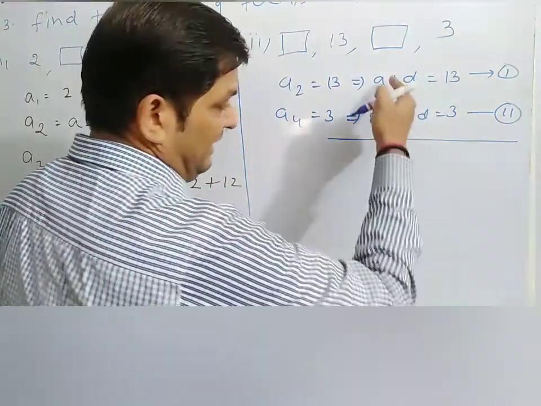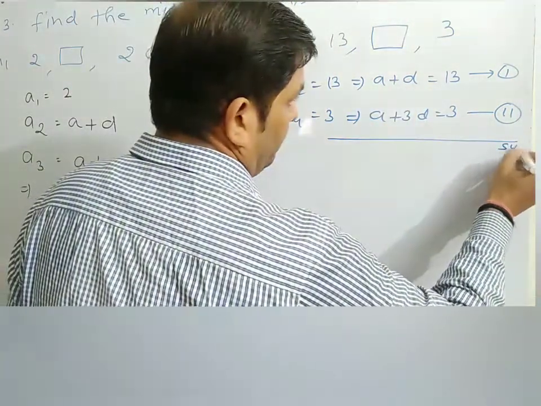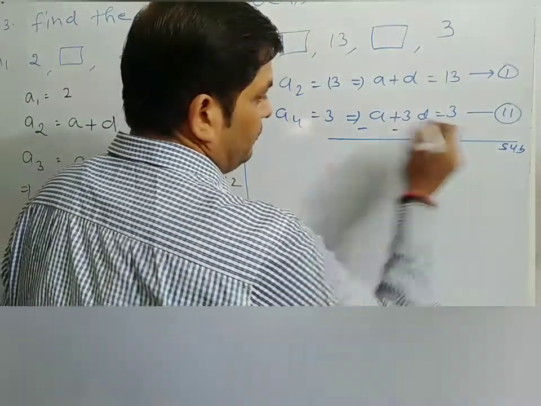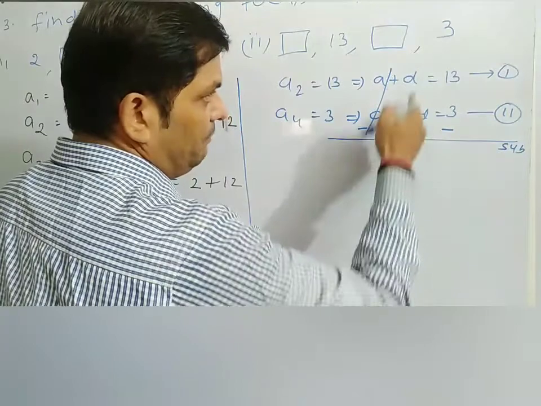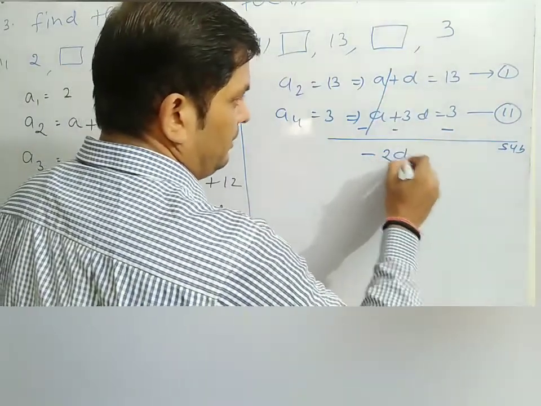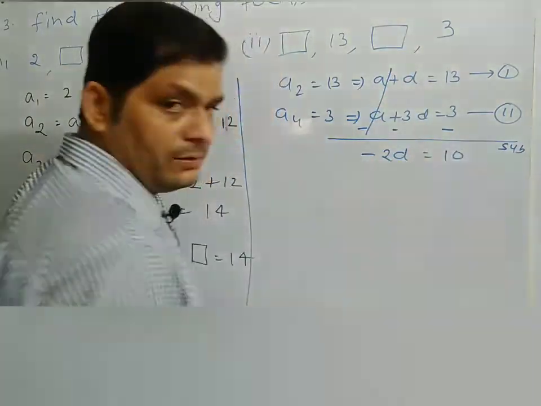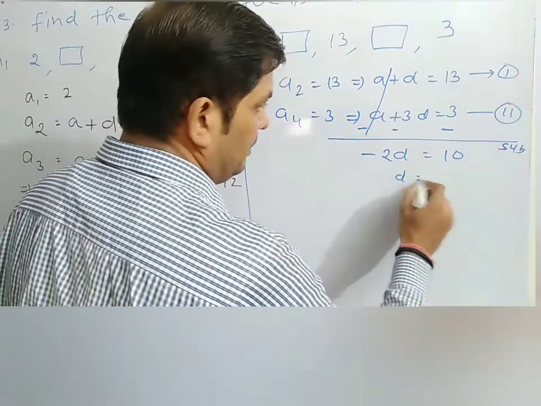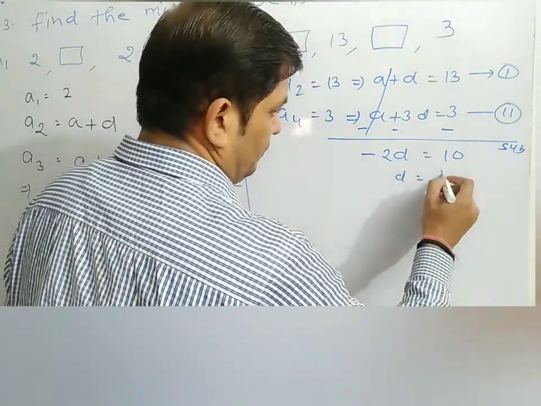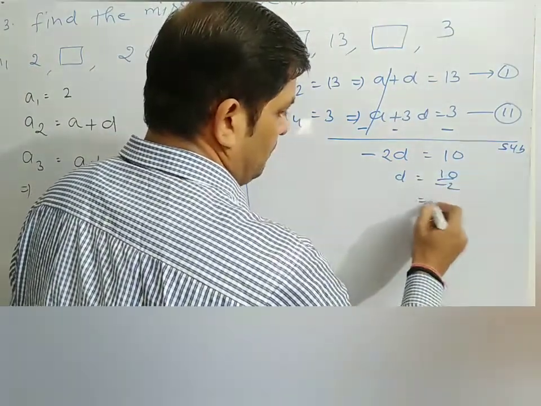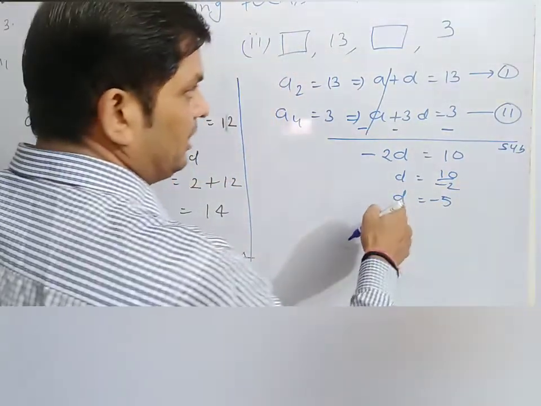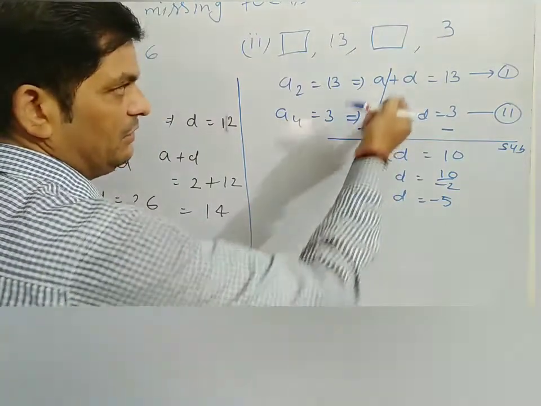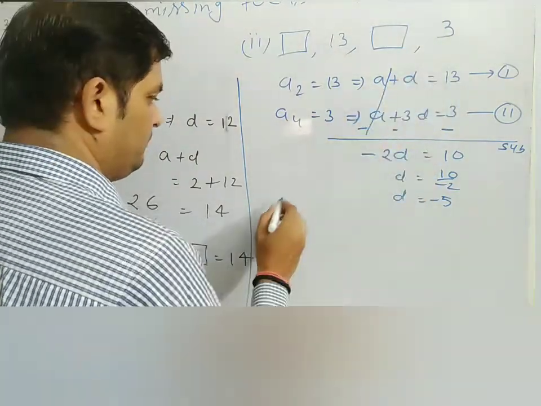So for eliminating A we will subtract, all signs change, so it will be cancelled. Minus 3D plus D is minus 2D is equal to 10. So D is equal to 10 upon minus 2, which is minus 5. D is minus 5.